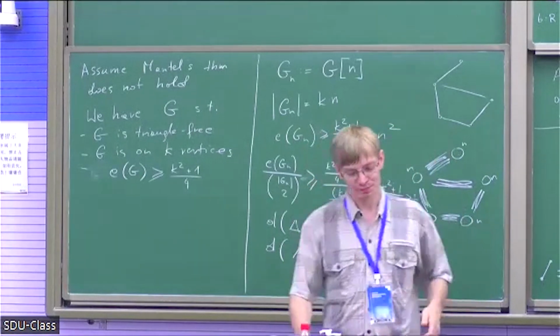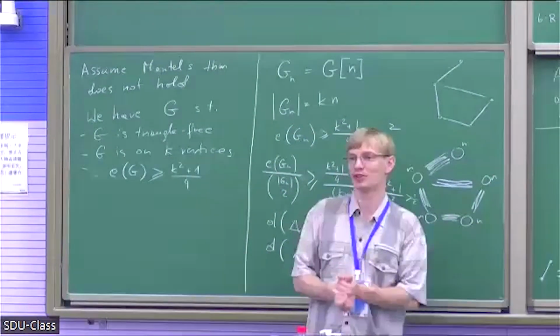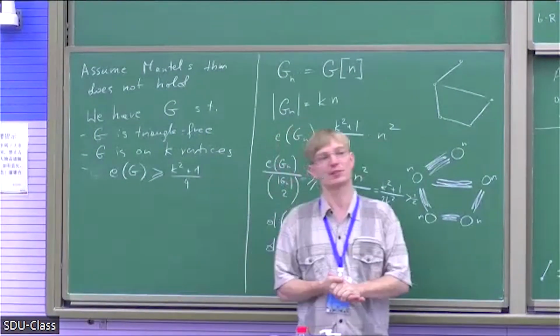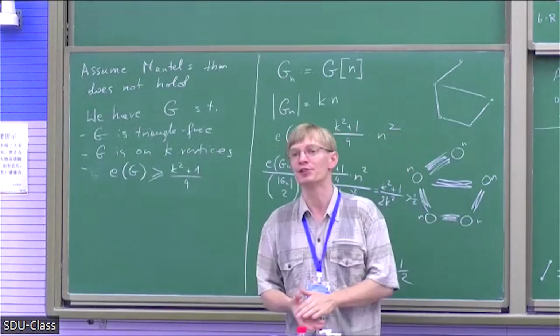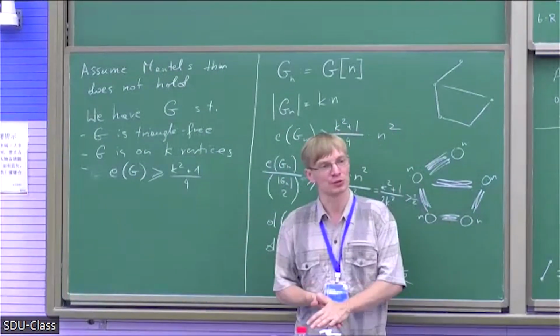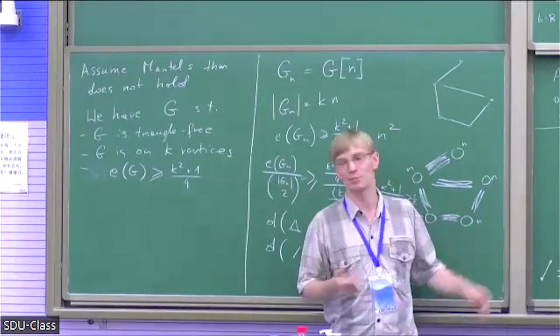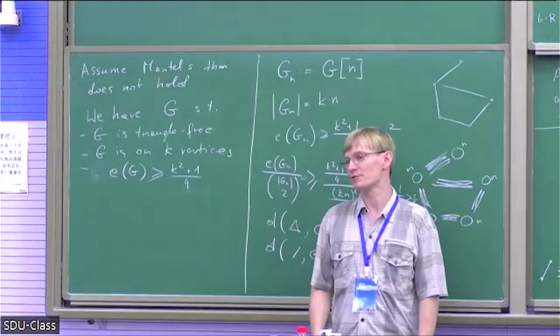Of course, I'm sure you knew Mantel's theorem earlier, and you are able to prove it easily. Here I did it in like 20 minutes. But there are some problems that were open for 20 years, 30 years, and we were not able to prove them. After introducing this method, those problems become just easy exercises that I could give you.